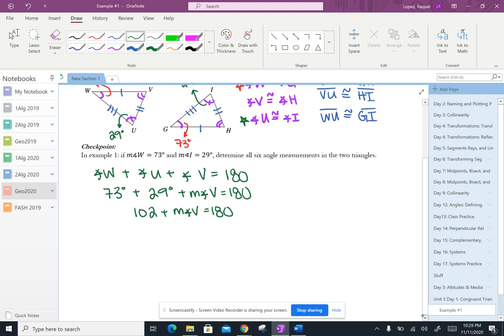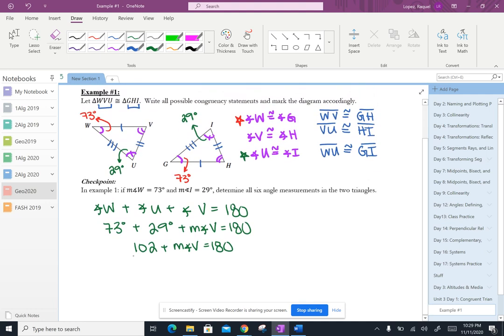So to solve for that, all I have to do is subtract 102 from both sides. And when I do that, I get that the measure of angle V equals 78 degrees. So measure of angle V, this is 78 degrees. And since V and H are congruent, then that means H also measures 78 degrees.